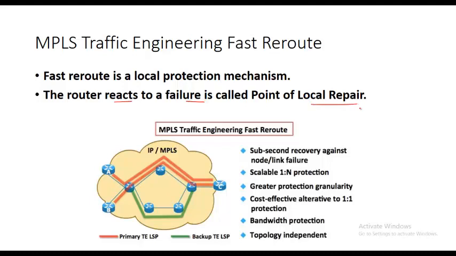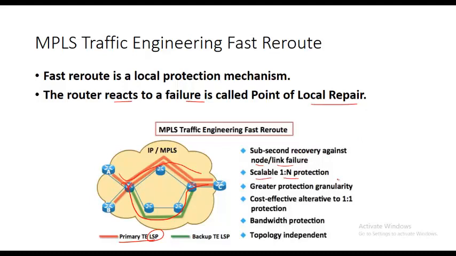That's what reroute means: if anything goes wrong on a particular link or a node, what needs to be done, that we define. That's what is called fast reroute. We said here, if something goes wrong with this link or with this node, take this path. So only when something goes wrong, it will take the alternate path. It's called fast reroute.